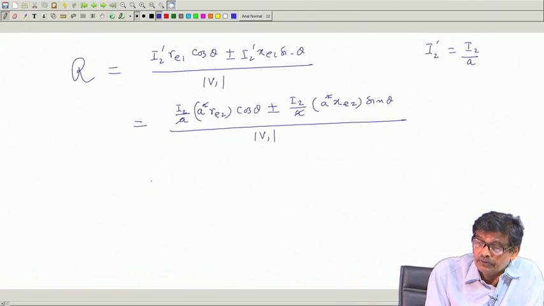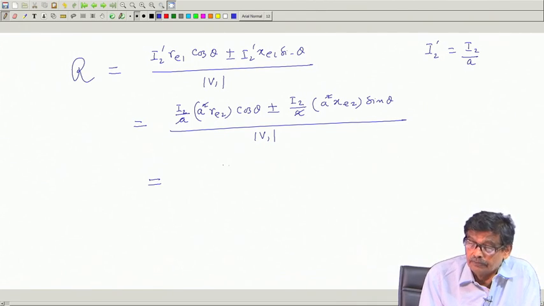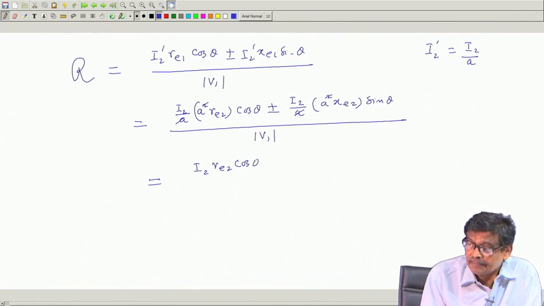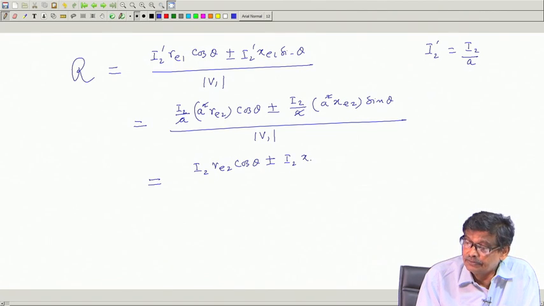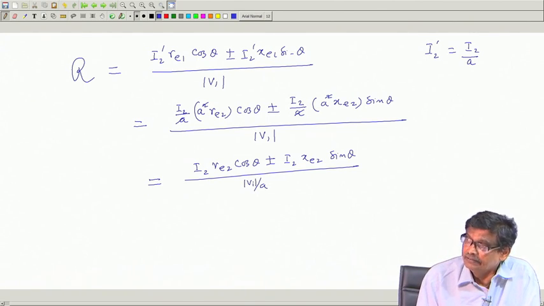And this common small a, I will bring it down. So, I can write it as I2 Re2 cos theta plus minus I2 Xe2 sin theta divided by V1 by A, is it?